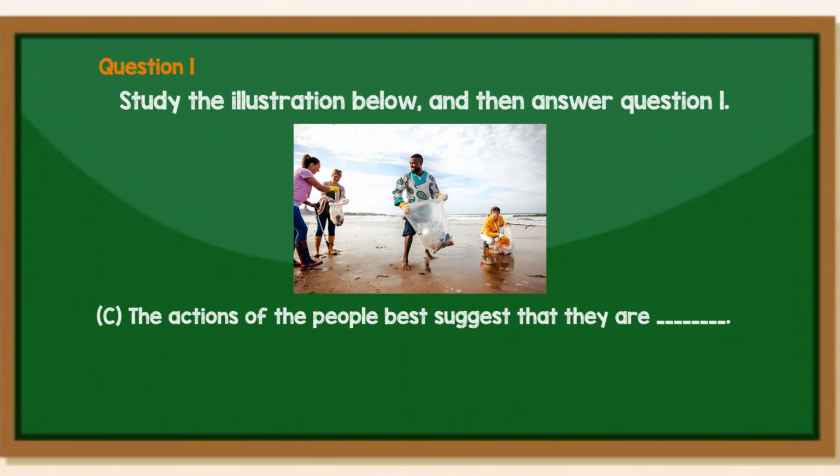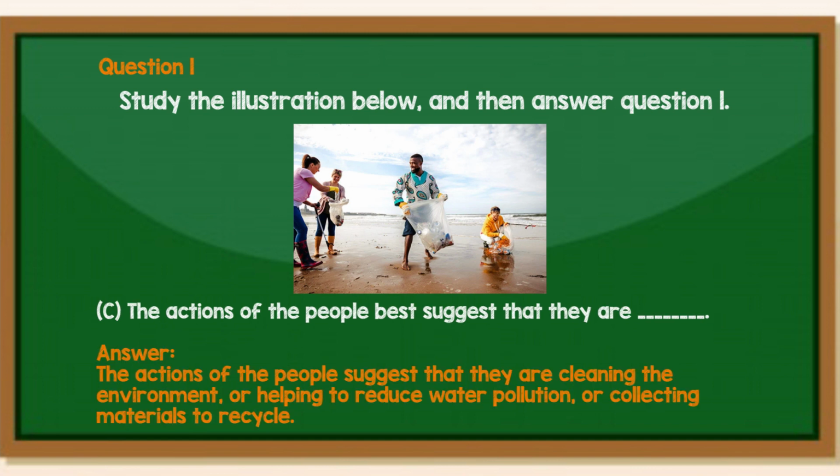C. The actions of the people best suggest that they are... As you look at the picture, the actions of the people best suggest that they are cleaning the environment.